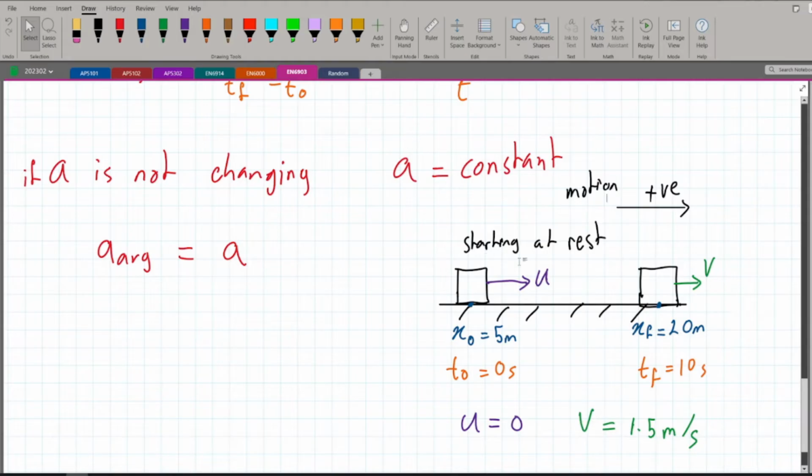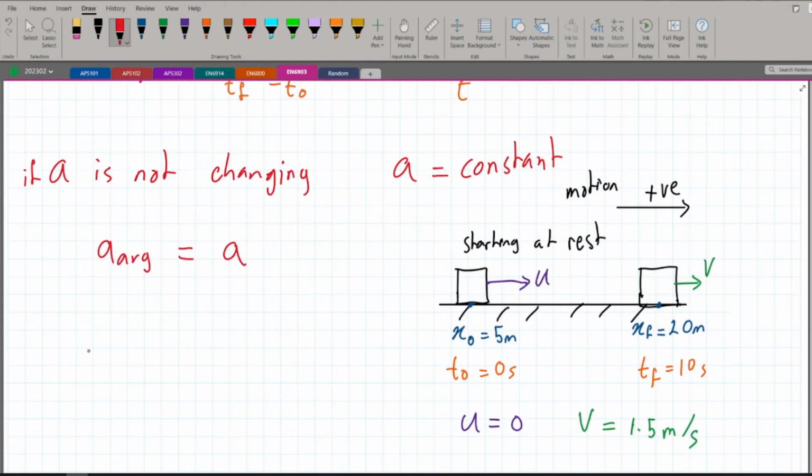We have assumed this direction. So if we want to now find our acceleration, acceleration again was equal to v minus u divided by the time t. In other words, this is going to be equal to, what is our final velocity?